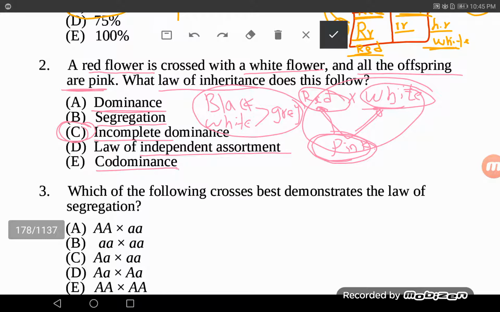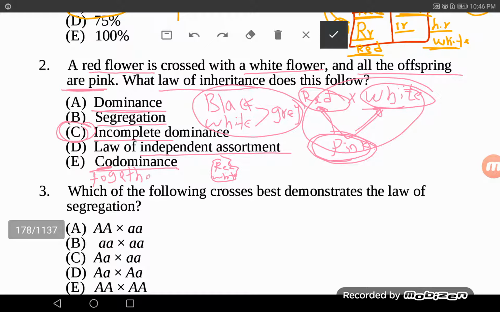Codominance is like the opposite of incomplete dominance. In the case of codominance, some parts of the flower will be red and some parts will be white. This is called codominance. Co, in biology, means together.